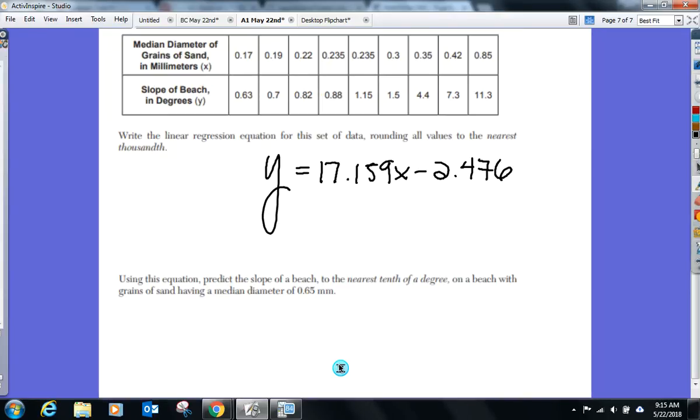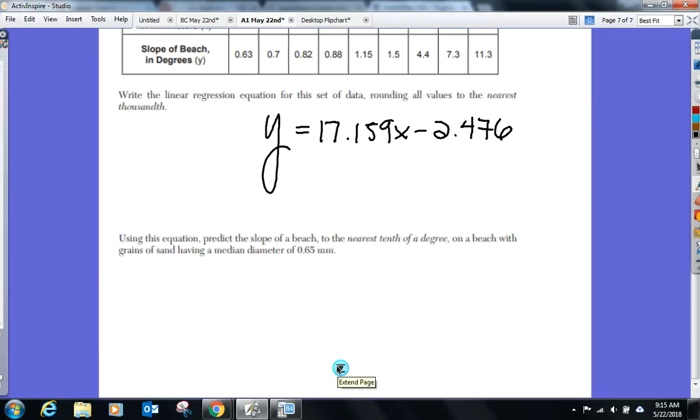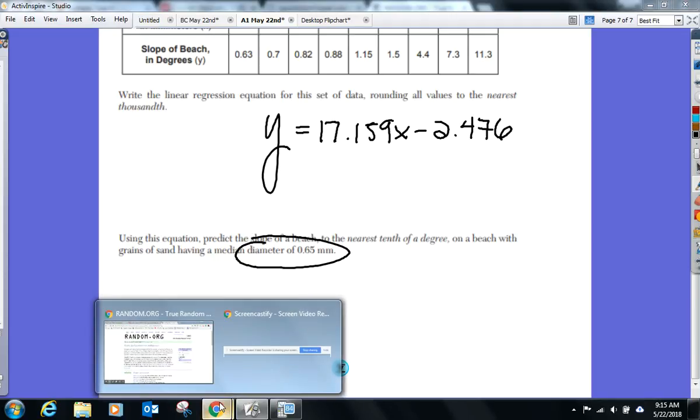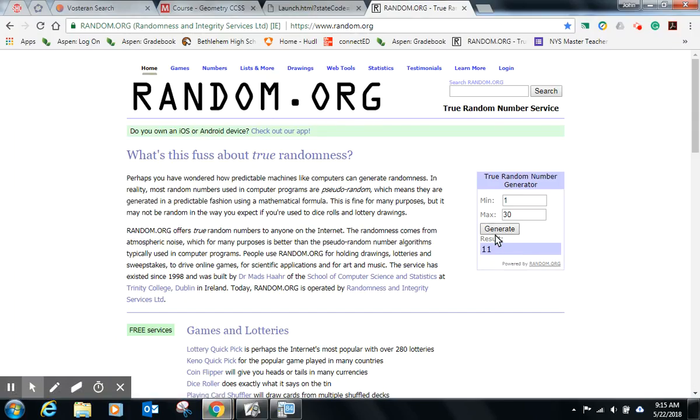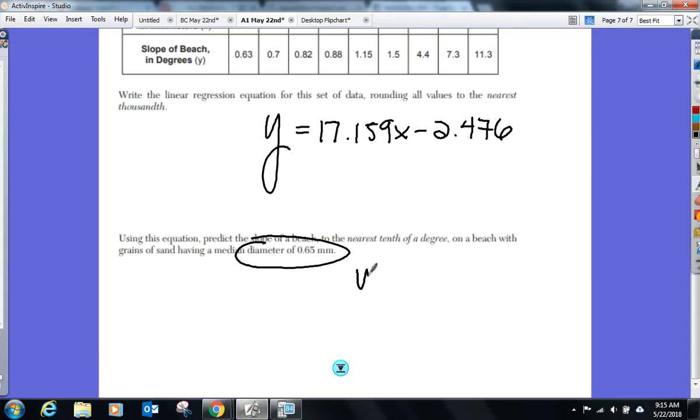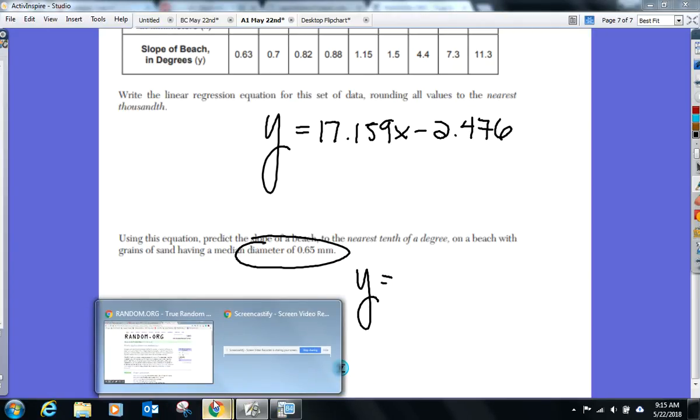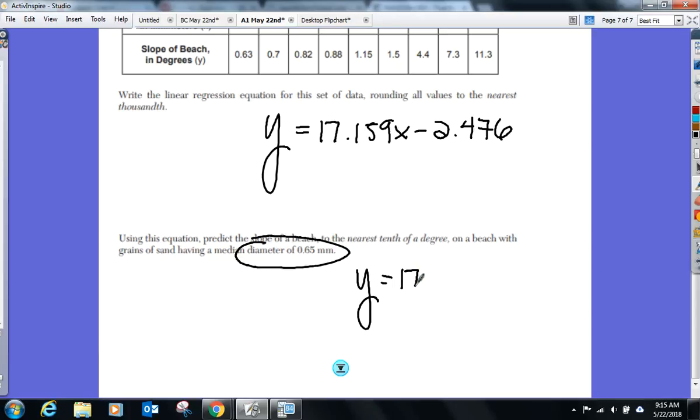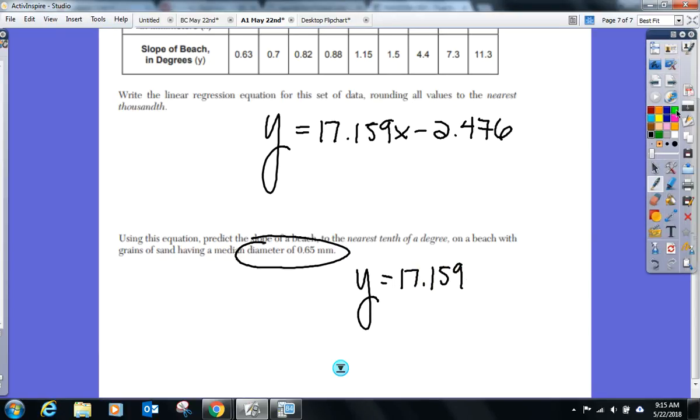All right, now using this equation, what's the slope of the beach with a diameter of 0.65 millimeters? So what am I doing with that 0.65? Help me out. What do I do with that 0.65? Yep. And round it to the nearest tenth of a degree.